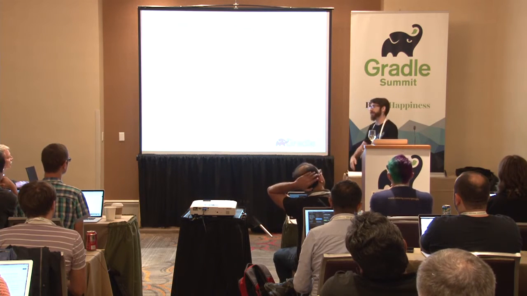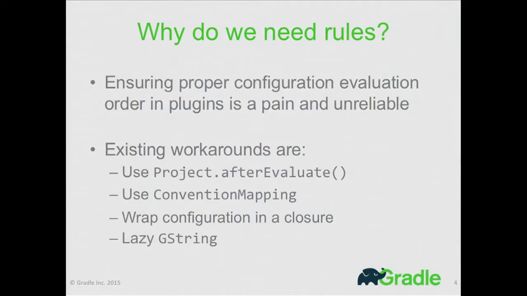But if the API doesn't support that, then I'm kind of hosed. Or I can do something like a lazy GString, where I pass it a string that's really evaluated lazily as a closure. Again, they're all just really terrible solutions to what should be a simple problem, which is that I should know that this value I'm reading in is done, is finalized, or realized, as is the nomenclature that we use.